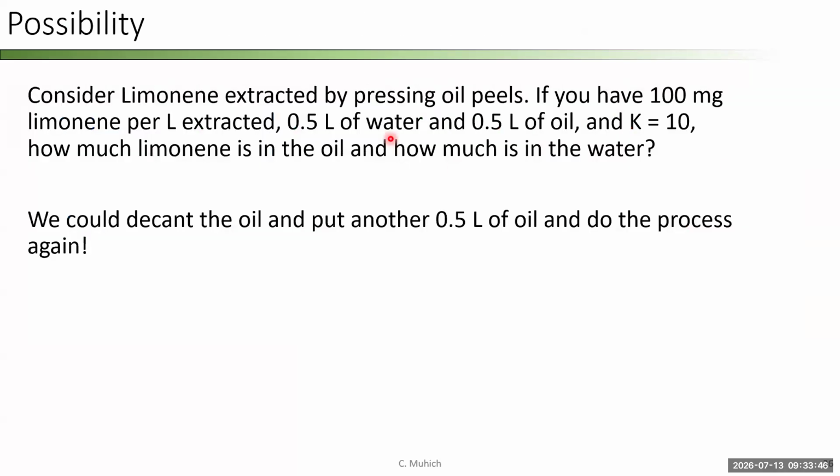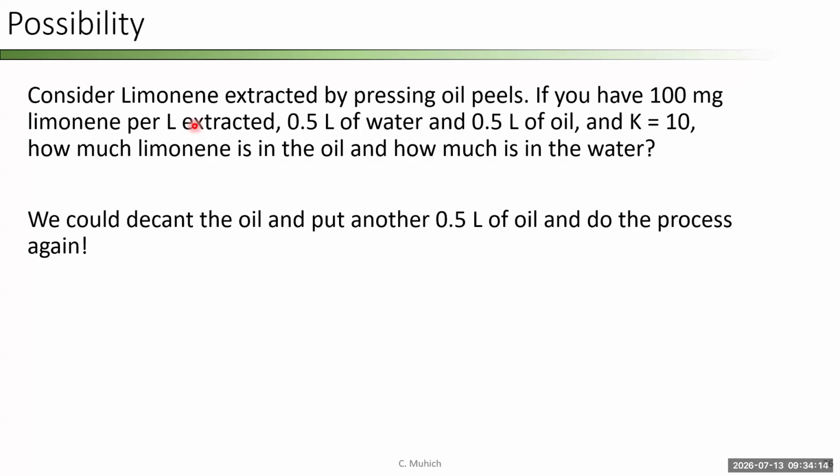This brings up a possibility. Let's consider that same limonene that we extracted by pressing the orange peels. We have extracted some of that limonene into the oil, but is there any way to get more of that limonene out of the water, where it could react to form the undesirable acetic acid, and into the safe oil?